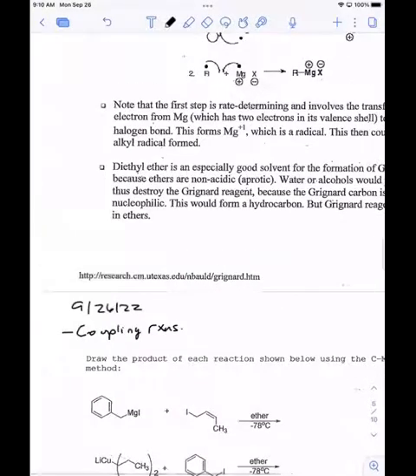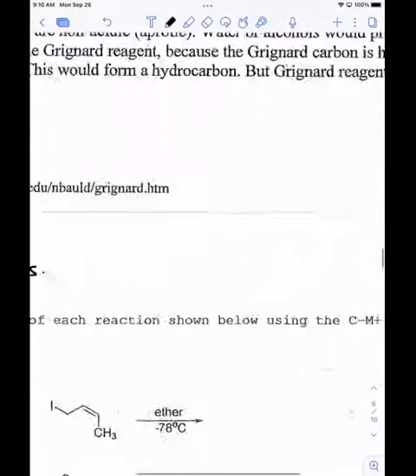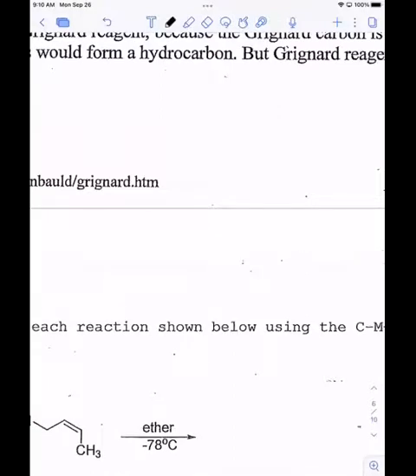One of the ways I like to talk about this is to simplify it down to the components. For a reaction like this, if you watched the organometallics video, this is not new to you.